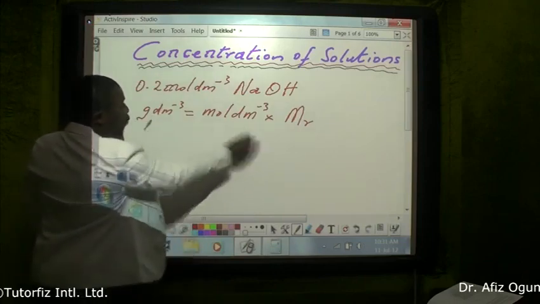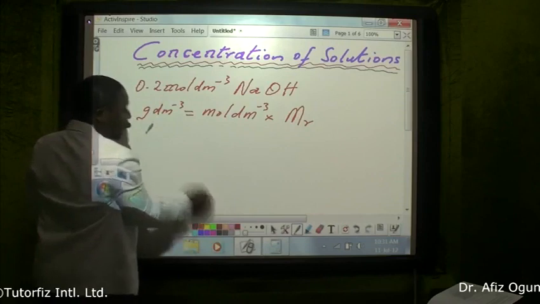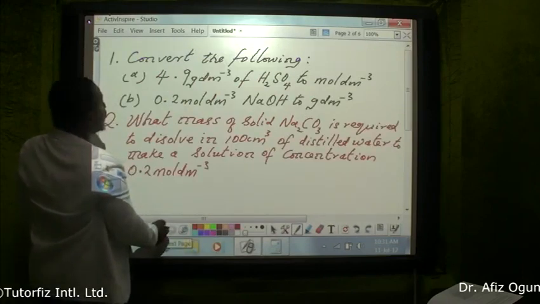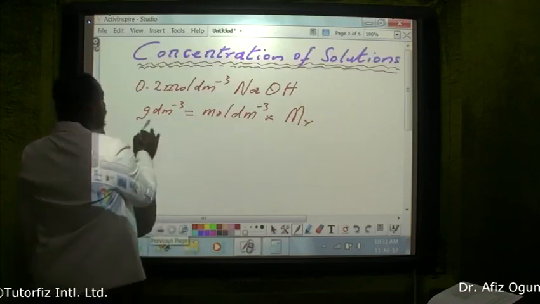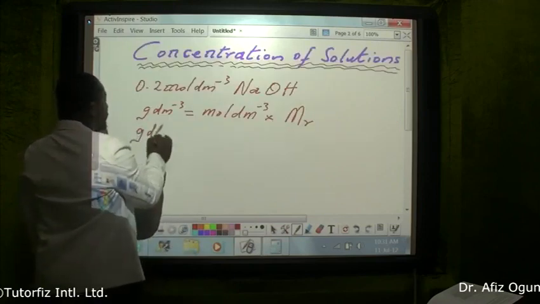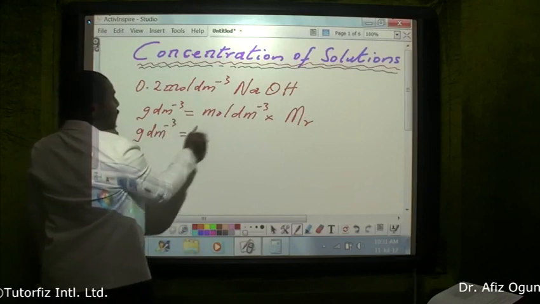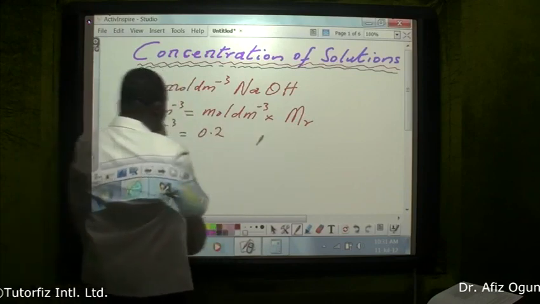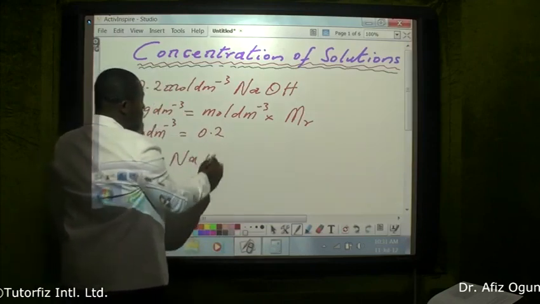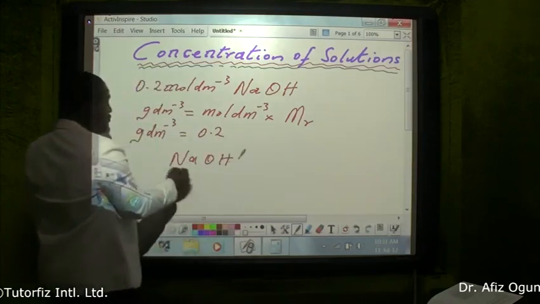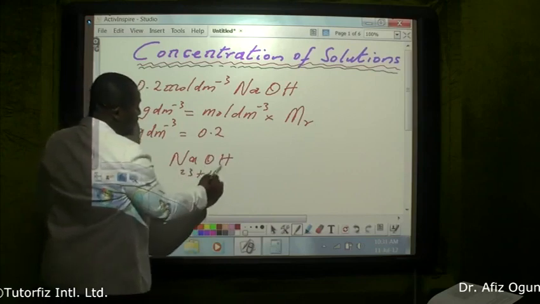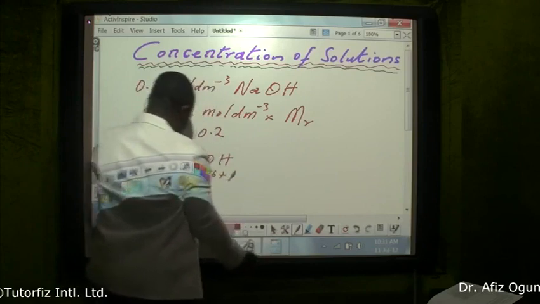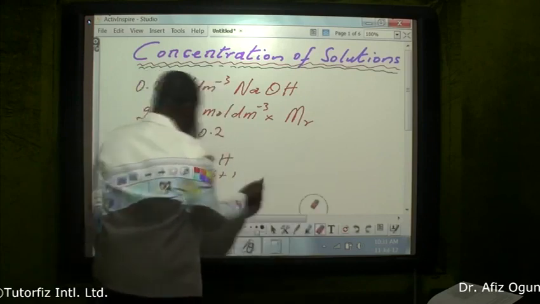This time around I have mole per dm cube, so I'm looking for concentration in gram per dm cube. Mole per dm cube is 0.2. The molar mass of sodium hydroxide, NaOH, is 23 plus 16 plus 1, which is 40.